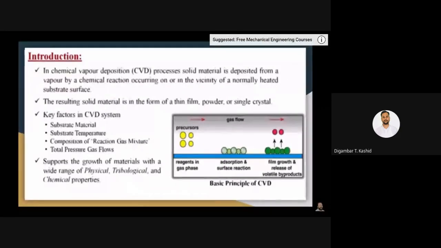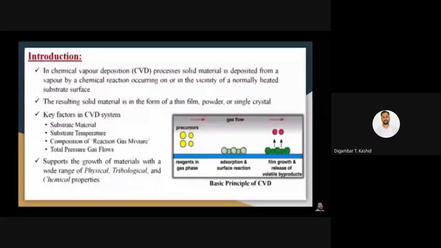But in chemical vapor deposition, we make certain gases or materials which react with the substrate itself and make the coating. The resulting solid material is in the form of a thin film, powder, or a single crystal.